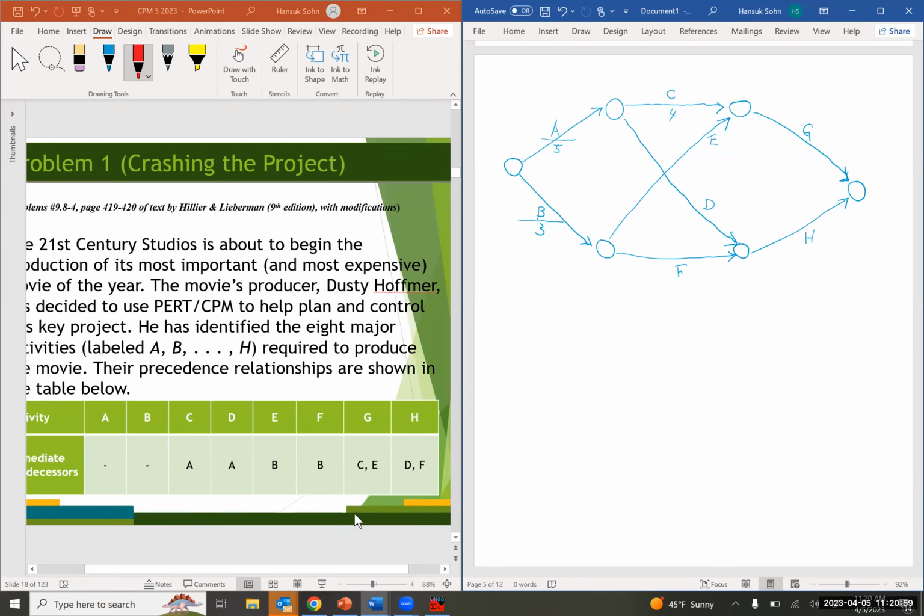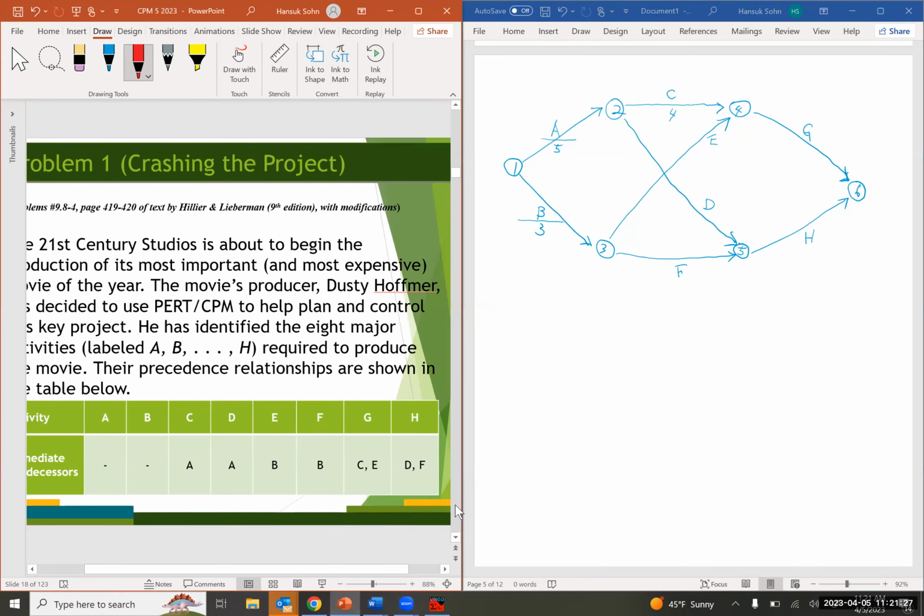So I can put 1, 2, 3, and 4, 5, 6. It's fine. Yeah, the beginning node can be 1. It doesn't necessarily have to be 0 all the time. So let's just leave it like this.